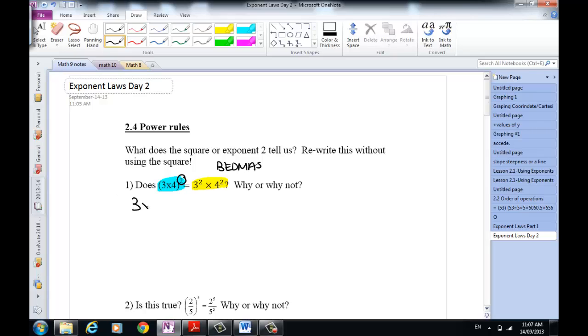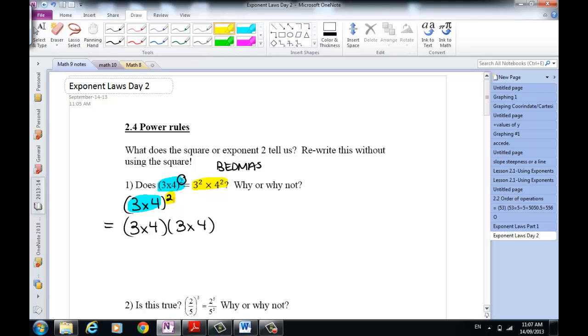So we've got 3 multiplied by 4 all squared. Yes, in general we would multiply 3 by 4 and then square it, but just to get it into the other side of the equal sign, let's not do that, and let's write this as 3 multiplied by 4 multiplied by 3 multiplied by 4.